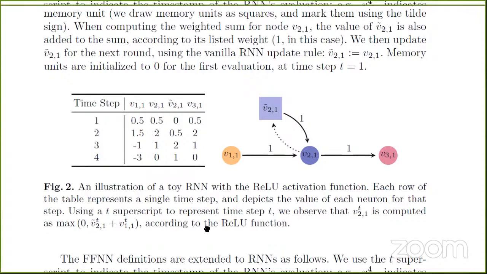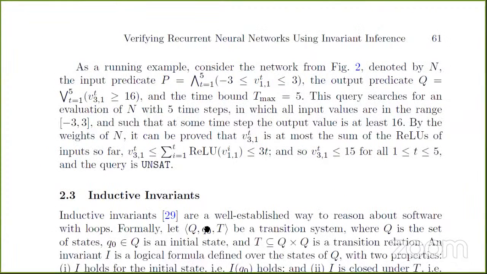So in that sense, 31 has to be bounded by this sum, the sum of all the inputs.